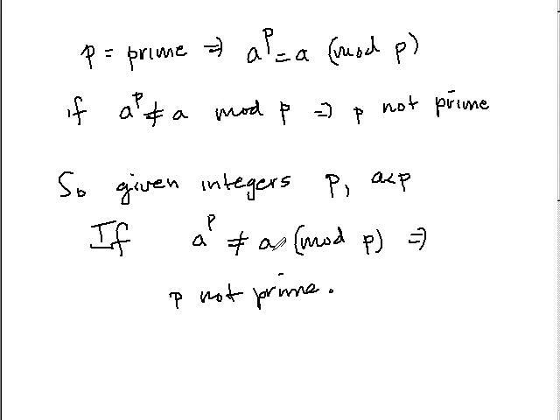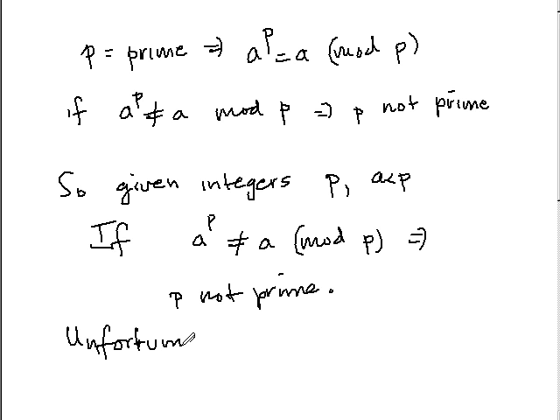So this is a very simple test to say if a number is not prime. Unfortunately, it's not a test to show that it's prime, because it's not if and only if. If it were, a^p ≡ a mod p would show that p is a prime, and that's not true.